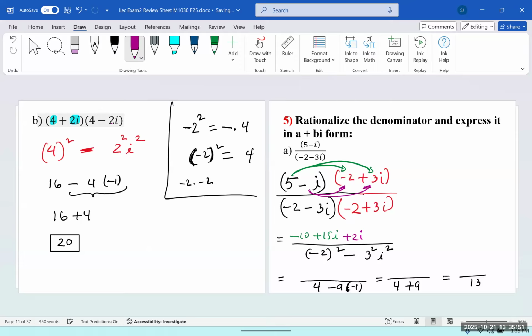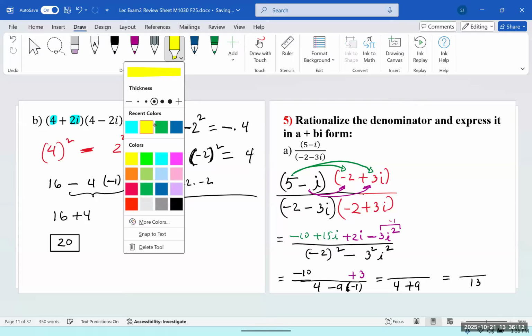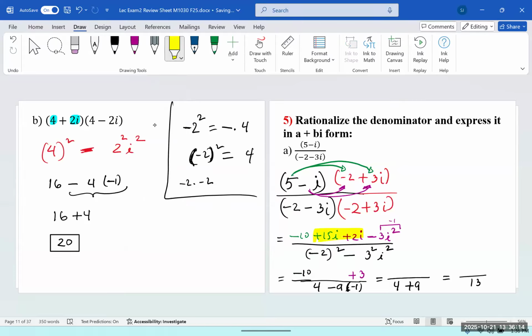Negative i times positive 3i, negative 3i squared. But because of the i squared, the negative will become positive 3. And we have negative 10 unused. But in the middle, we have positive 15i, positive 2i. So what do you get? Positive 17i.